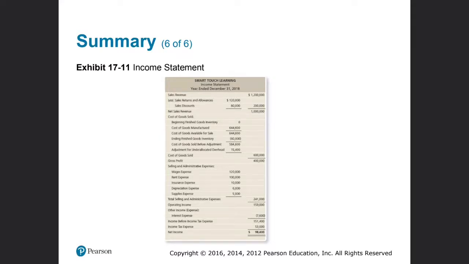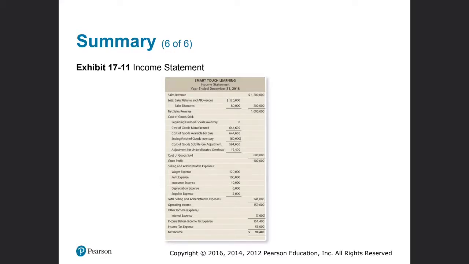That's because we record our revenue at the actual sales price of the product, but then we offered it at half off, 50% off or something like that. So we have to subtract out those discounts from our actual sales revenue.